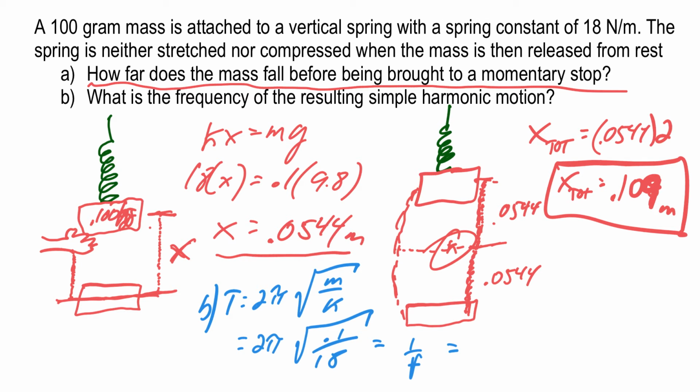So I do 2 times pi times the square root of 0.1 divided by 18, and I get 0.468 seconds. Then we reciprocate that, and I get about 2 hertz, or 2.14 hertz.